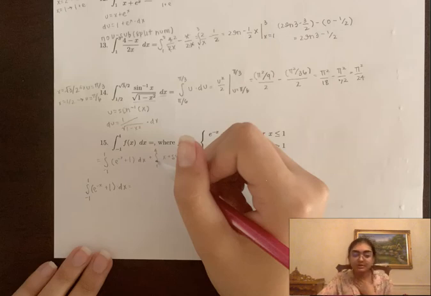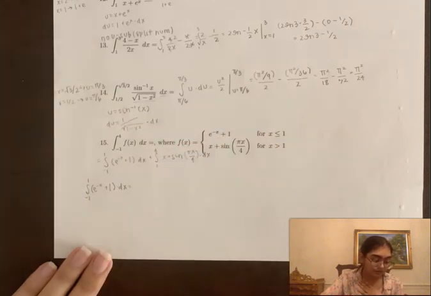So first we're just going to take the antiderivative as usual of this expression. So the antiderivative of e to the negative x plus 1 is going to be e to the negative x plus x, right?